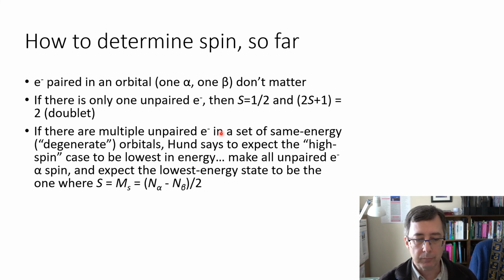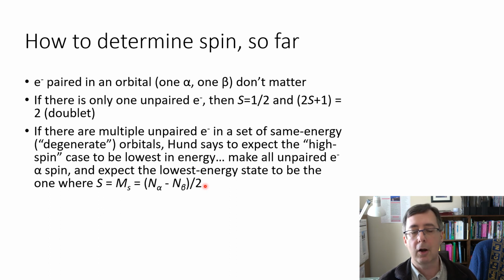Okay? So you do that, and you'll expect the lowest energy case to be the one where S equals m sub s, which equals the number of alpha electrons minus the number of beta electrons divided by 2.